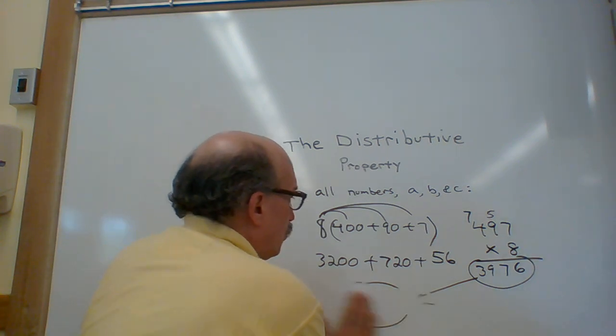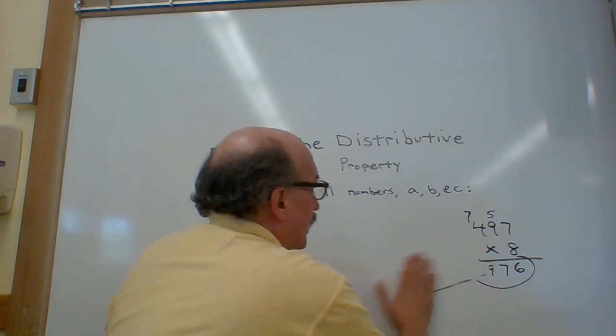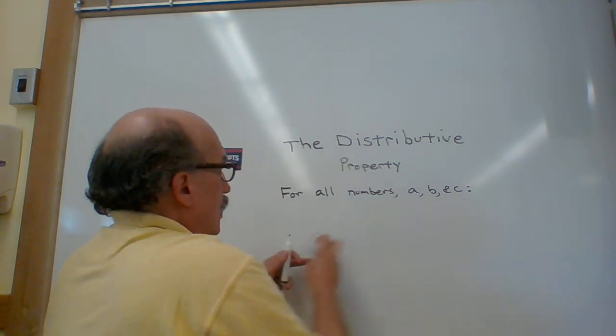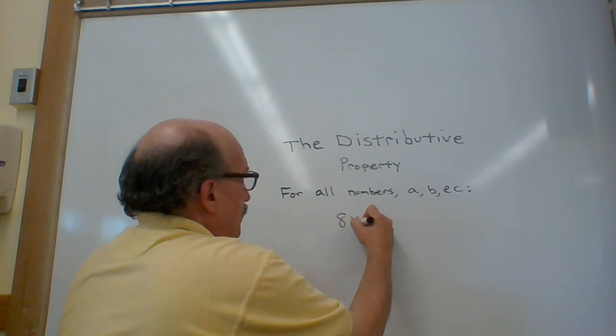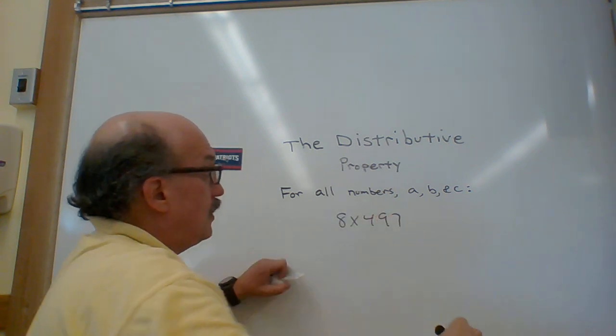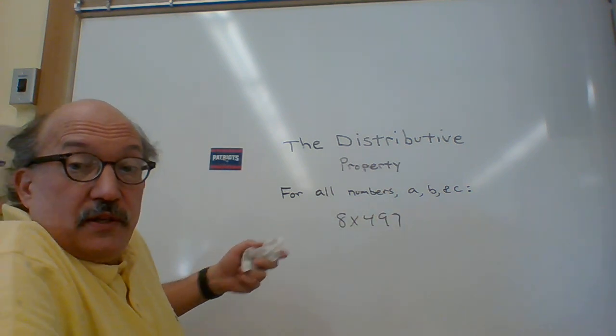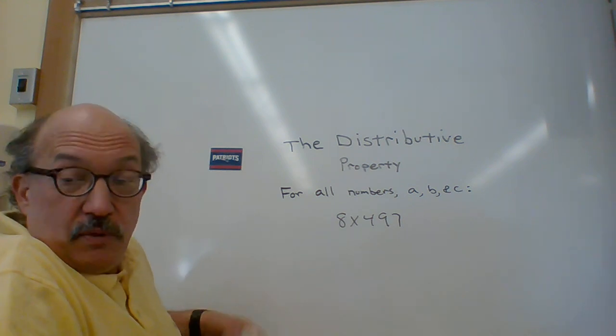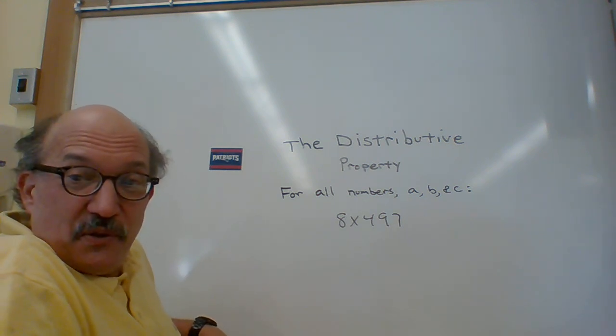Let's see why that's true. The distributive property can help us. We're doing 8 times 497. Well, I thought of 497 last time as 400 plus 90 plus 7, but it's very close to 500.